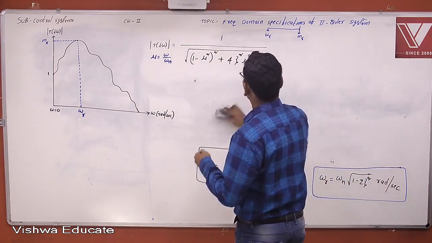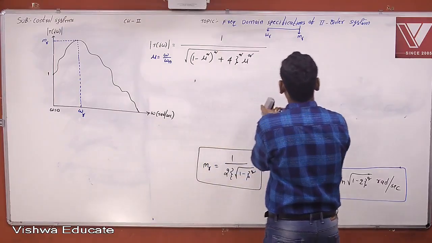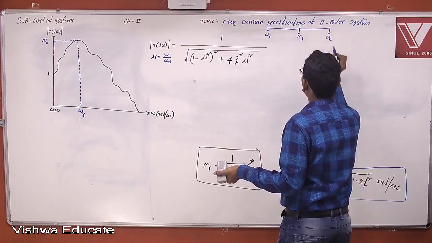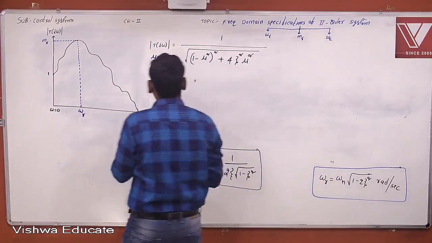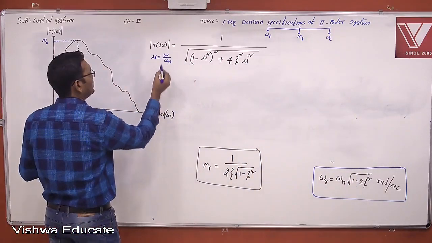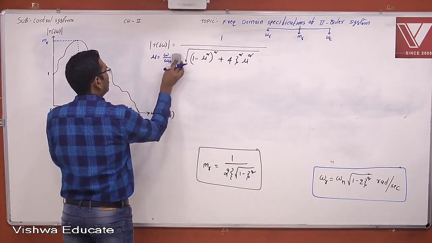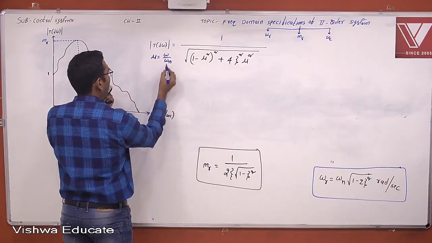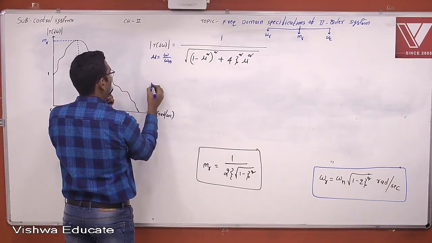Now this is the resonant frequency and resonant peak, and another frequency domain specification is the cutoff frequency. So I want the cutoff frequency omega c, therefore again you replace. This is mu equal to omega by omega n. Now I want omega c, therefore this is mu c.